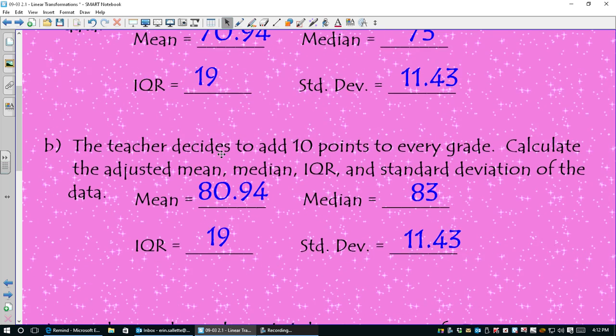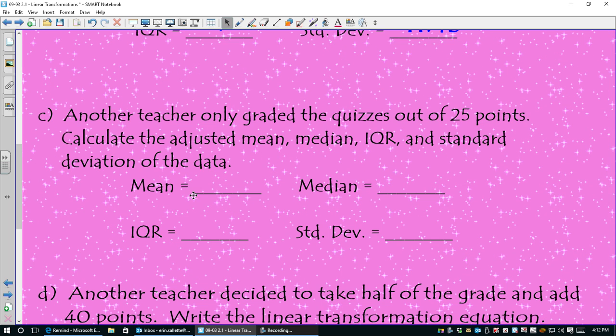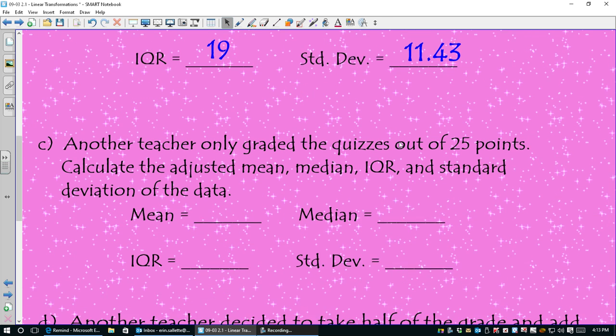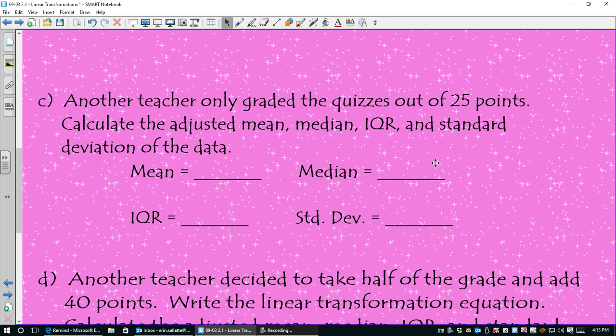So instead of 100, it's a 25, and so on and so forth. So calculating the adjusted mean, median, IQR, and standard deviation, it should divide each of these by 4, because whenever we're multiplying or dividing, our value for spread and center should change by a quarter.